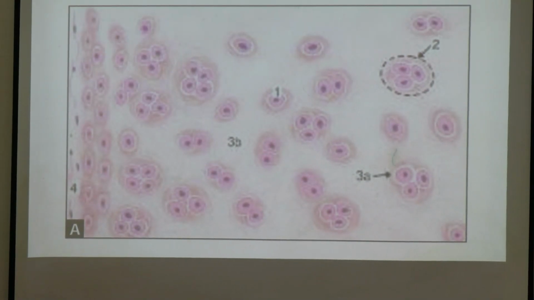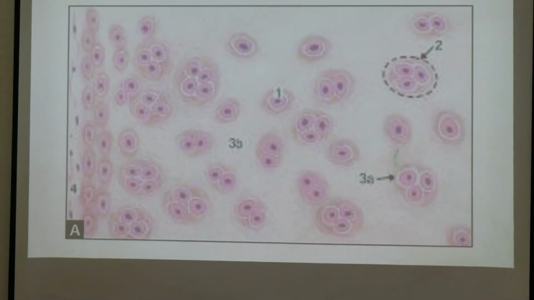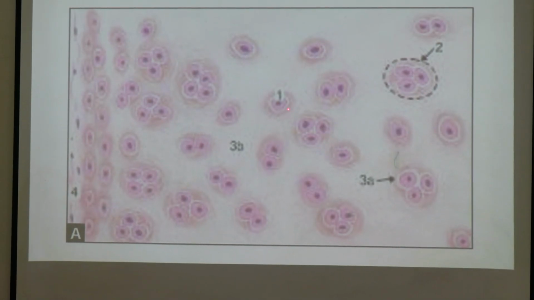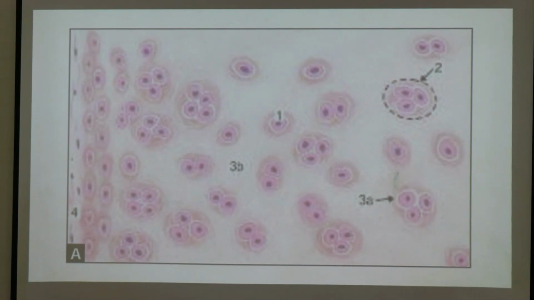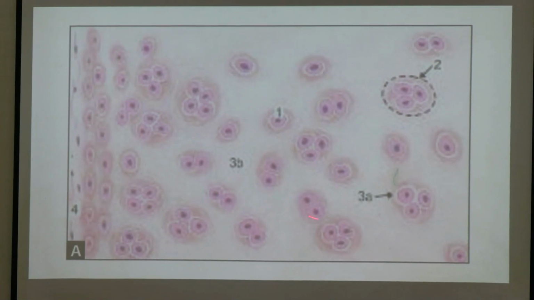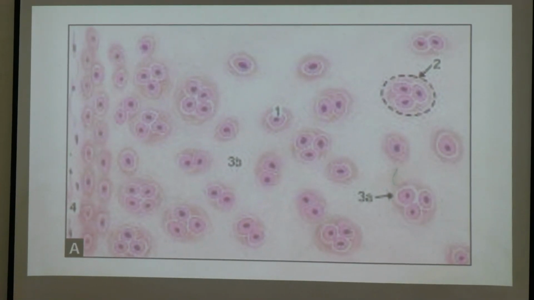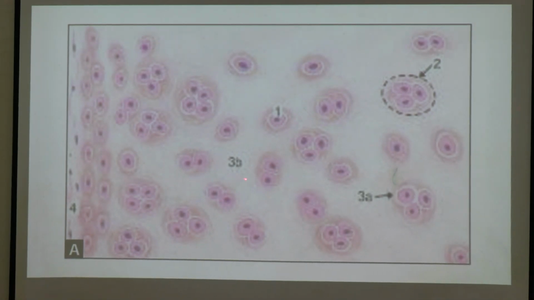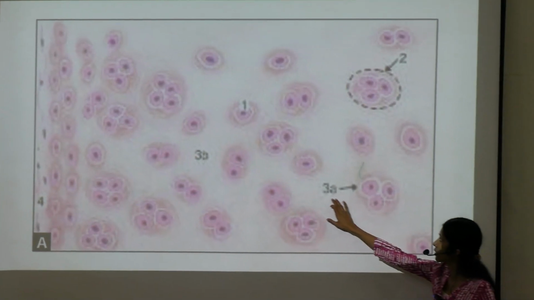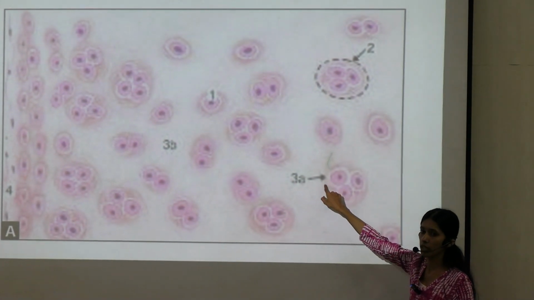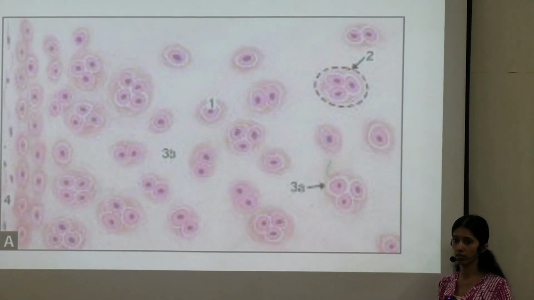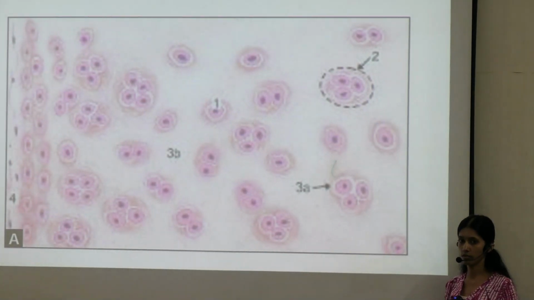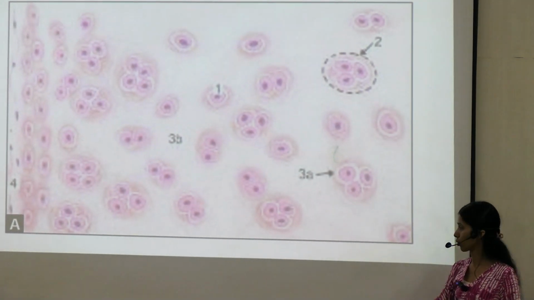We can see the presence of cell nest. Number 2 is the cell nest, and number 1 they are mentioning is lacunae along with the presence of chondrocytes. And the third one is the interstitial matrix part. Here we have 3A and 3B. Here they are mentioning only about which part? Lacunar capsule. Okay, fine.